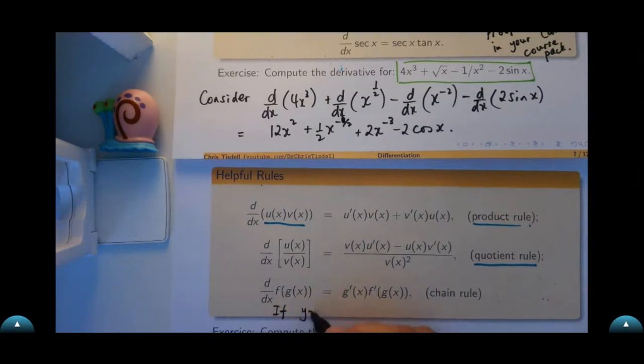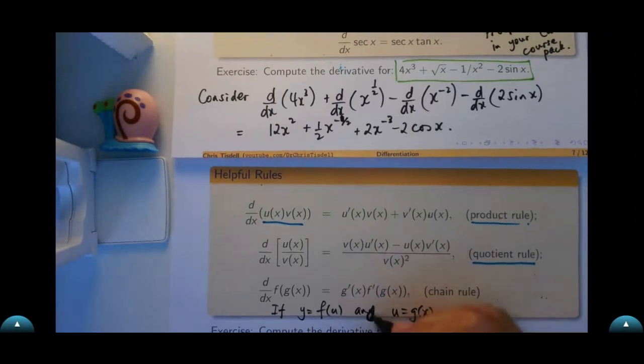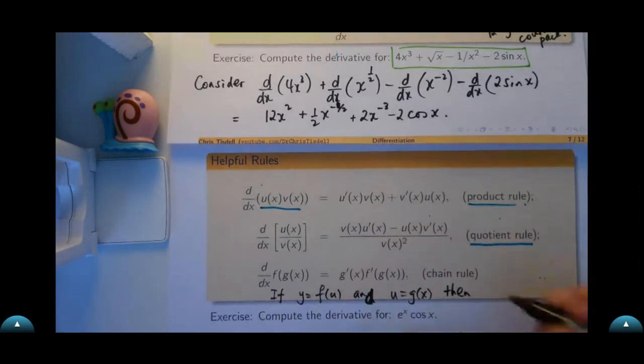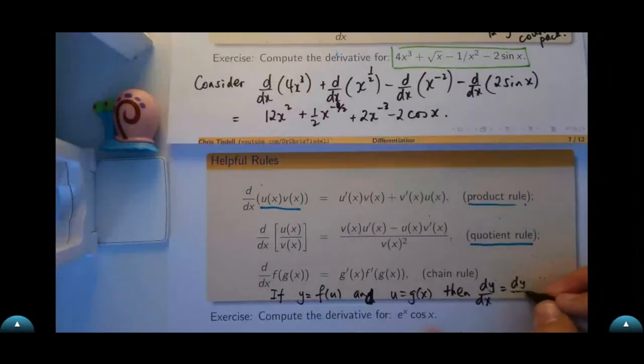If y equals f of u, and u equals g of x, then the derivative is just the product of these 2 things.